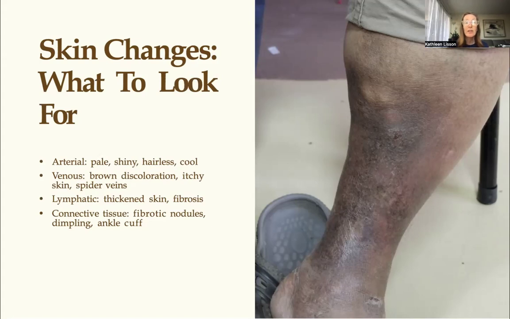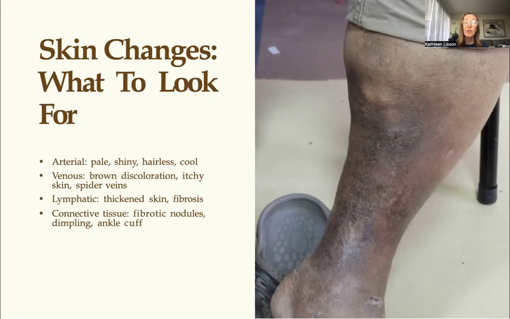If they have lymphatic issues, their skin can be thickened. We can see fibrosis that'll still generally be later after the edema has been there for a while. And connective tissue disease. For later stages of lipedema, you can feel fibrotic nodules. It may feel like grains of rice under the skin. These nodules may be larger under the skin.